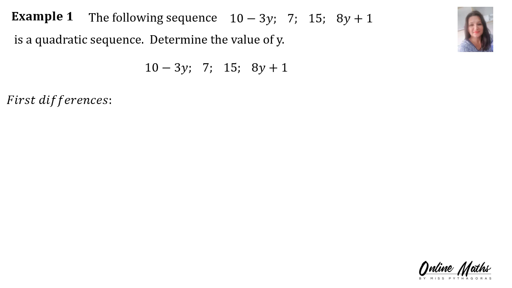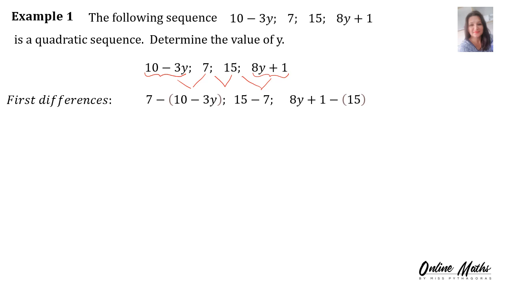So the first difference will be 7 minus (10 minus 3y), and 15 minus 7, and 8y plus 1 minus 15.